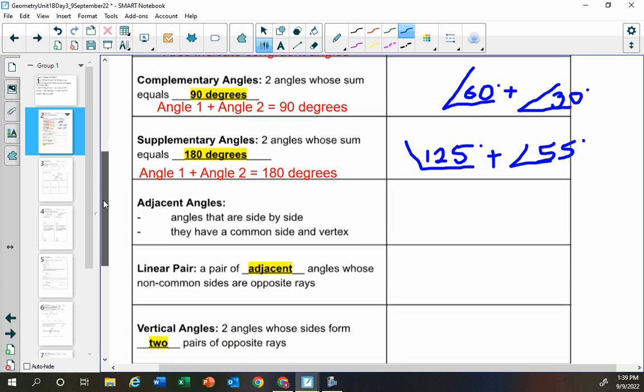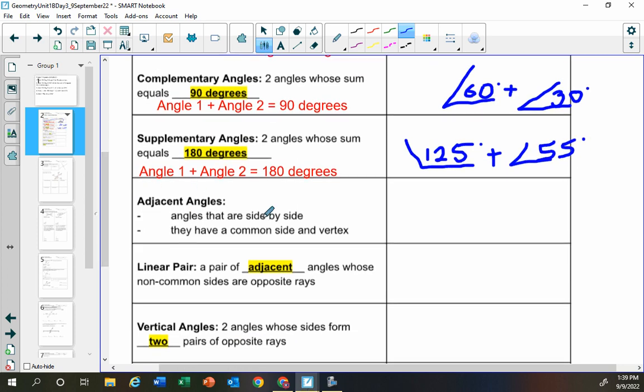All right, next thing we're going to talk about, adjacent angles. They are side by side. They have a common side and a common vertex. You're like, what does that mean, Mr. Connors? Here's what that means. Let's say here's one of your angles, and I'm going to have another angle right here.